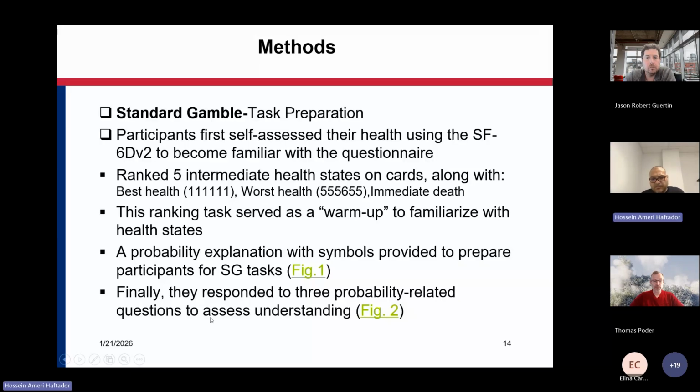Finally, we asked them to answer questions related to probability to assess understanding. Here are 3 questions. Which one is 5%? Which one is 10%? Which one is 50%? We asked them to answer these 3 questions to assess understanding.